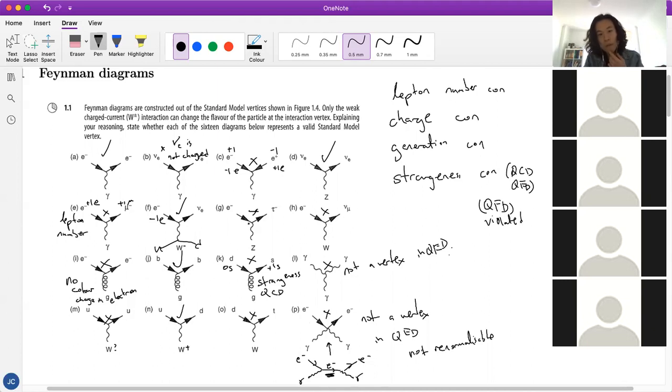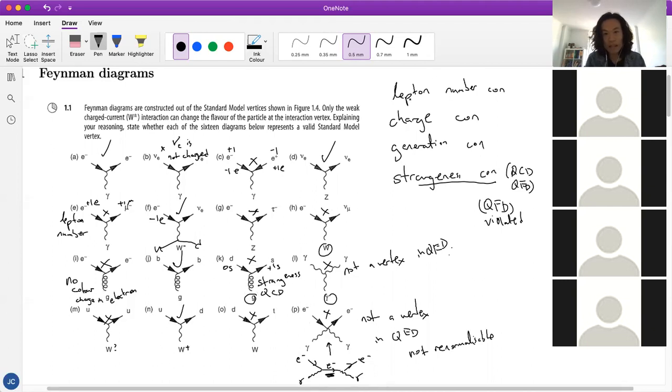So if your particles involved are a strong force mediator or an electromagnetic mediator, then the strangeness has to be conserved. But if you have a weak mediator, then you technically can violate strangeness, but it's non-trivial. So I wouldn't pay too much attention to this. It's just unique to this one.